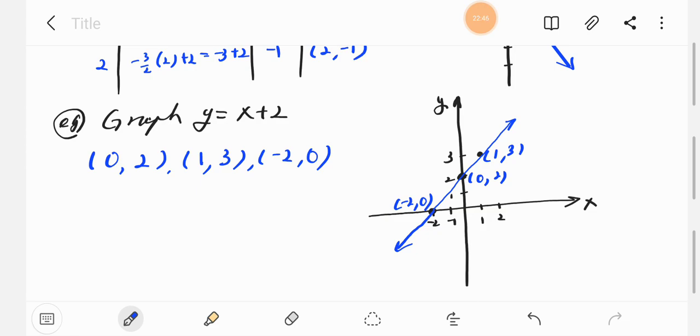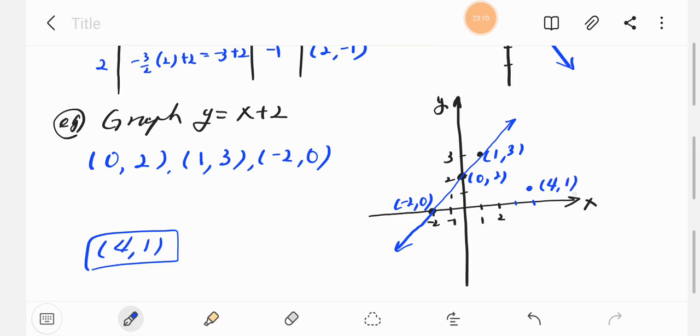How about this? If x equals 4 and y equals 1, will this be a solution? Will this be a point on the line? Well, if x equals 4, y equals 1, this one, right? This is 4 and 1.